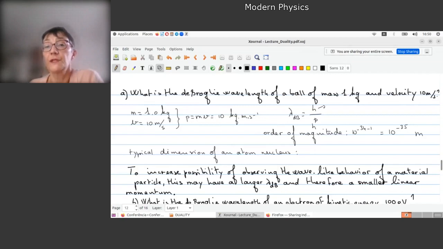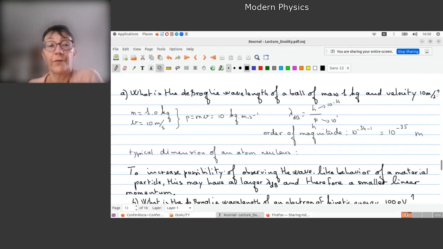So you have h, which is 10⁻³⁴, and p, which is 10¹. For orders of magnitude, we essentially compare the powers of 10. So you will have 10⁻³⁴⁻¹, 10⁻³⁵ meters. So you can say, well, why not?